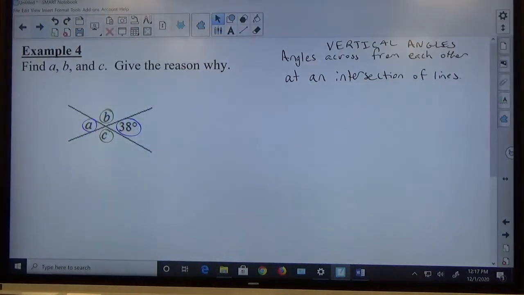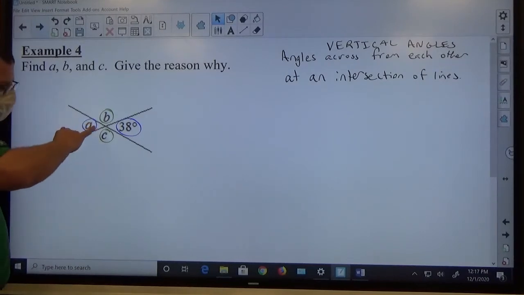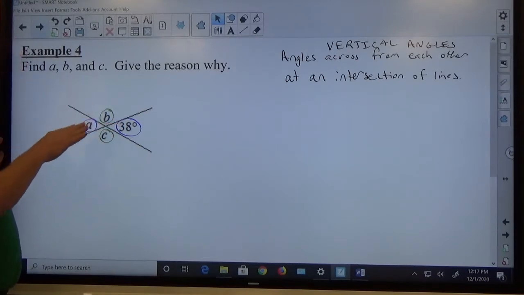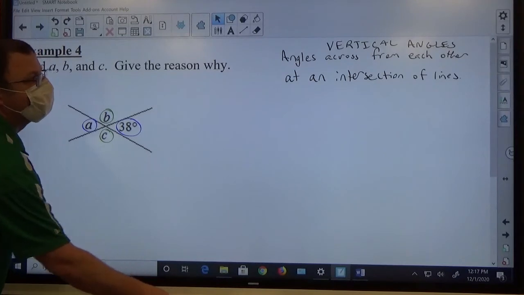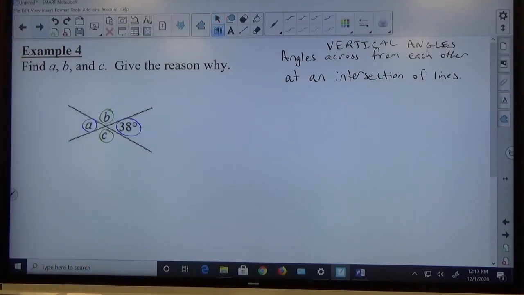And we all know horizontal is left and right, vertical is up and down, right? So a lot of times people see the word vertical angles, they always think up and down. But it doesn't matter whether they're horizontally positioned, vertically positioned, whatever, that's just what they're called. They're called vertical angles. And the relationship of vertical angles is that vertical angles are congruent, they're equal to each other.